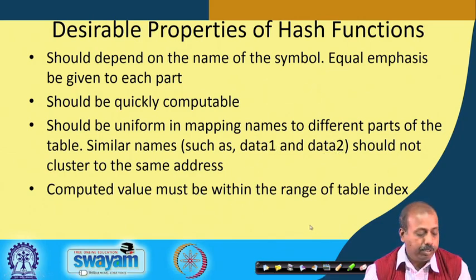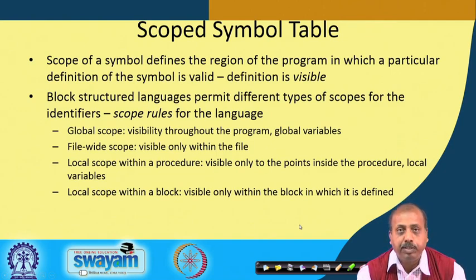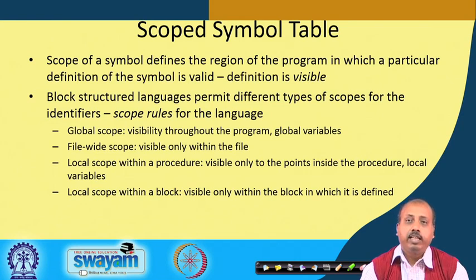Next, so far we have been looking into the linear symbol table, where there is a single scope, and all the variables, symbols and identifiers are visible to the entire program. But it is not a very common situation. In most programming languages, they are hierarchical in nature, and at least they have block boundaries.